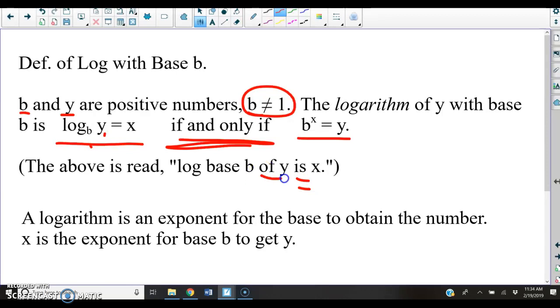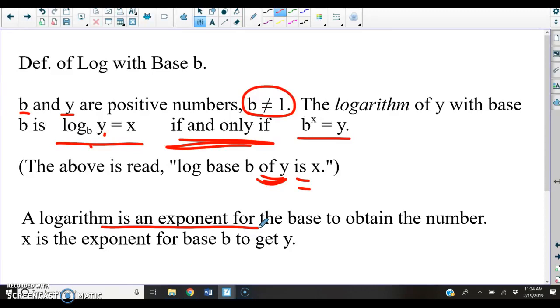"Of" is that preposition, so what are you finding the logarithm of? You're finding the logarithm of y. And the base b is just telling you what you're using for your base for your power expression. Okay, I like to use a definition a lot that says simply a logarithm is an exponent.